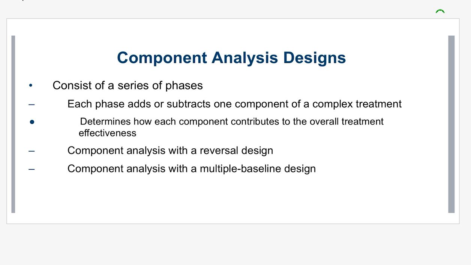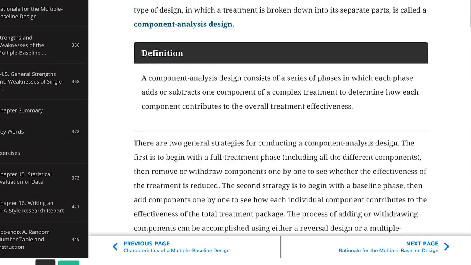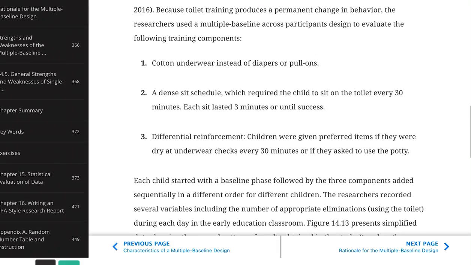If it's going to cause a long-term effect in behavior, then you have to do the multiple baseline design instead. An example of this, for the multiple baseline design, they give you in your book, about a toilet training study, which was, let me see where it is. Okay.